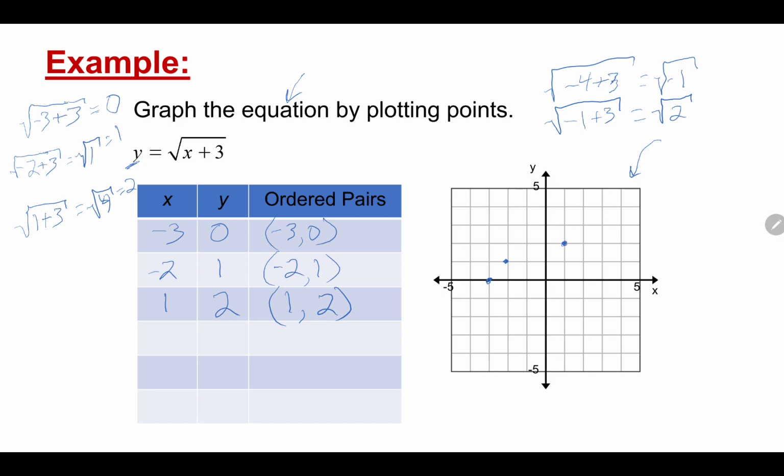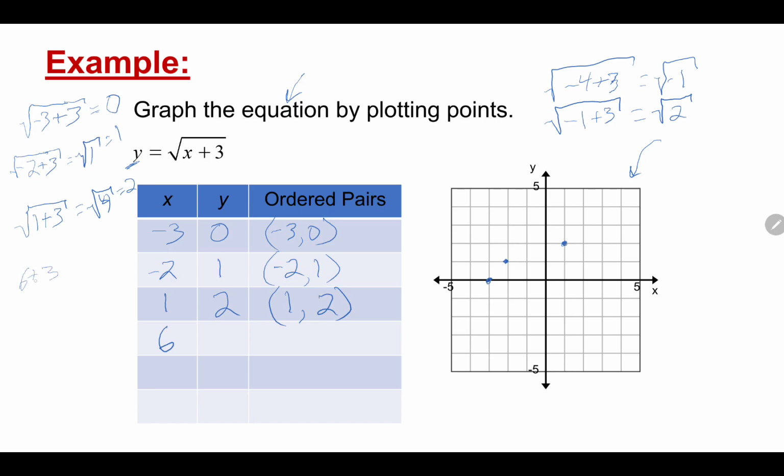Now let's see how much bigger we could go. I want to come out to a number I can pull out, so I'm going to plug in 6. I know 6 is off our chart, but it gives us something to work with.